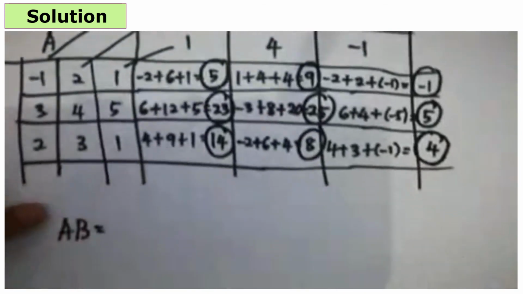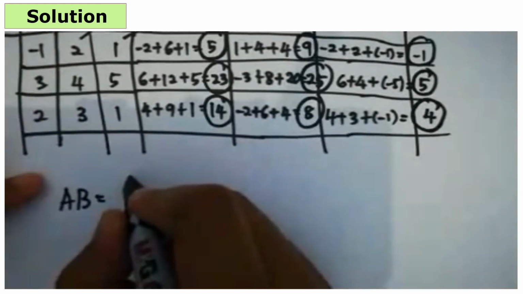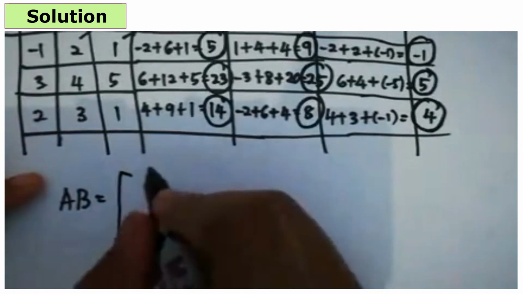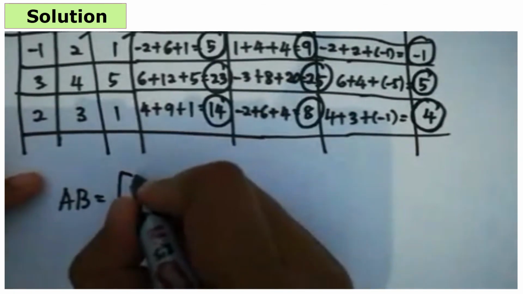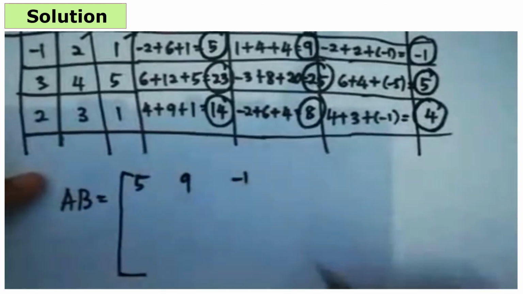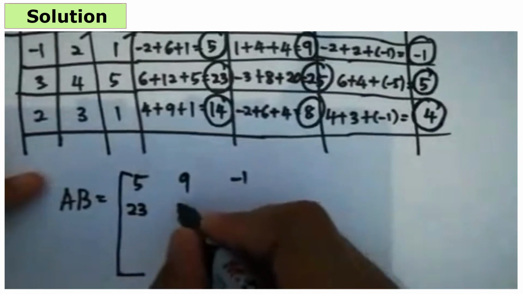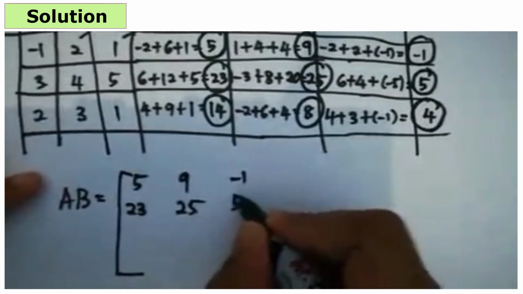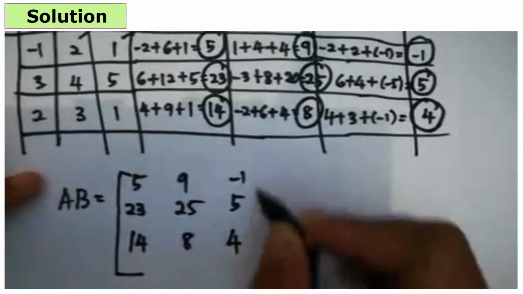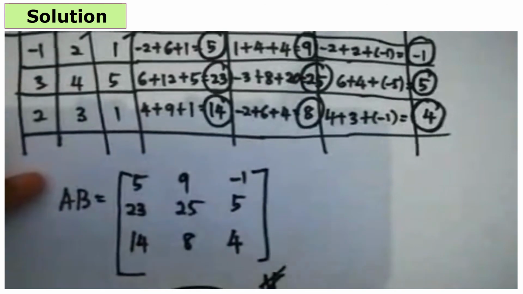Then for the last step, we write the answer in matrix form. The product of AB is 5, 9, -1, 23, 25, 5, 14, 8, 4. So this is the answer for the product AB.